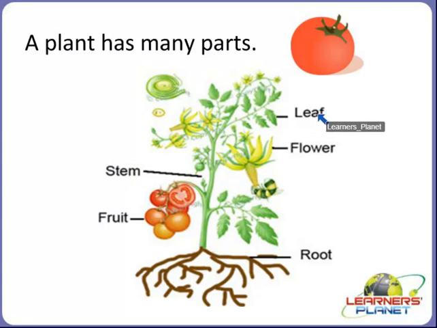So this is a leaf. This is the flower. This is called a root. This is called a fruit. And this is a stem.